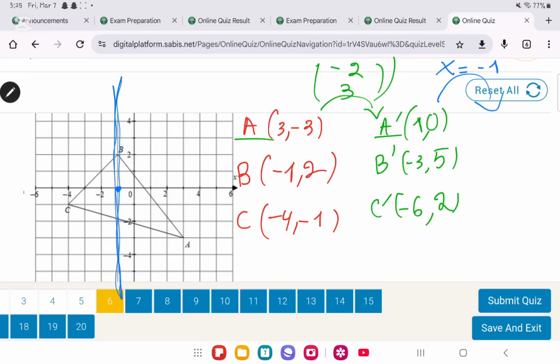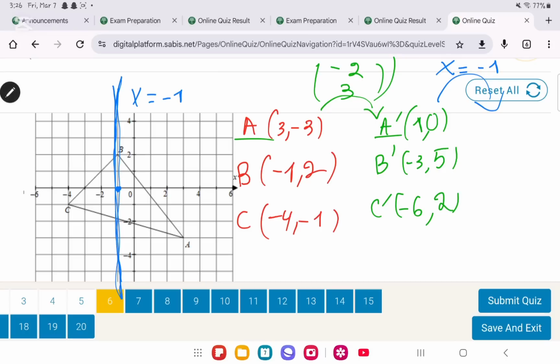That means it is a reflection about the line when x is equal to minus 1. Because x equals minus 1, it is a vertical line. This is going to be our mirror, the border of the reflection.